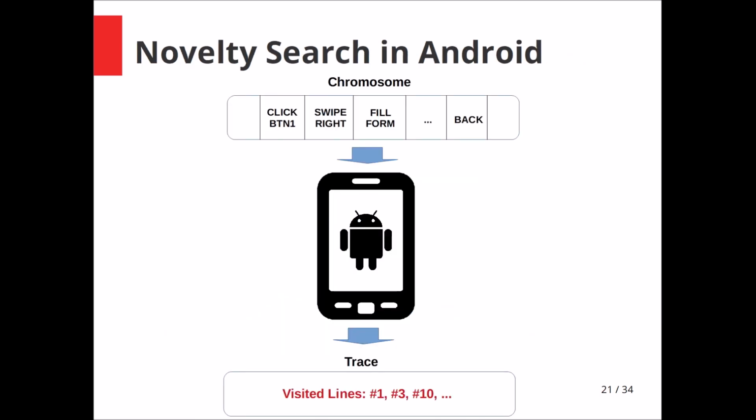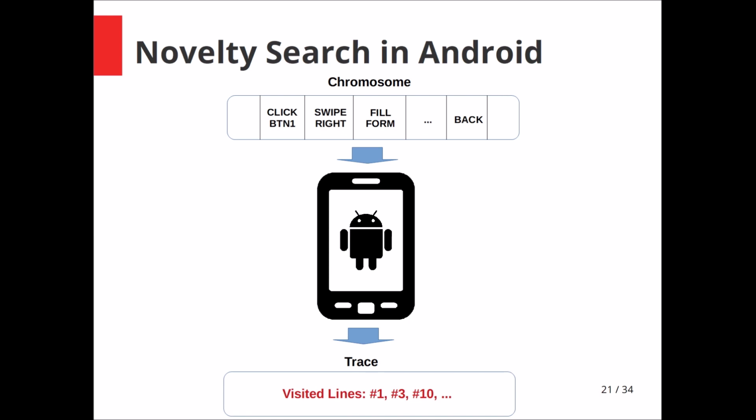Now, how does novelty search work in Android? Assume that we have a chromosome that consists of several actions, for instance, click action on a specific button, swipe operation, filling out a form, followed by some additional actions, and ending with a back action.